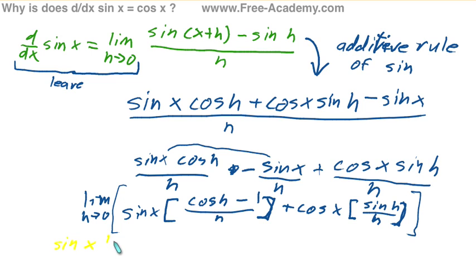Sine of x, limit as h goes to 0 of cosine of h minus 1 over h, plus cosine of x, limit as h goes to 0 of sine of h over h.